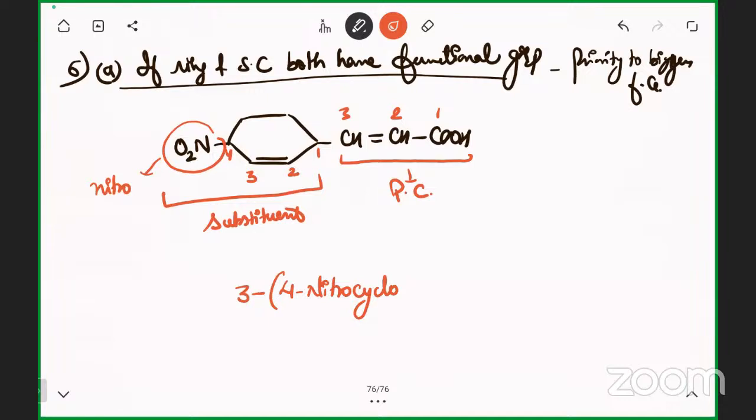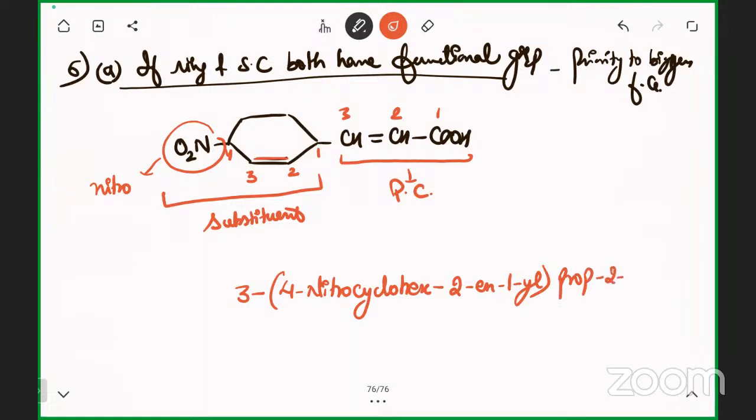For the 6 carbon, what do we use? We use hex. Then on the second position in the ring, what do we have? We have this double bond. So hex-2-en-1-yl, just because it's a side chain. In the main chain, we have 3 carbon. So for 3 carbon, what do we use? Prop.